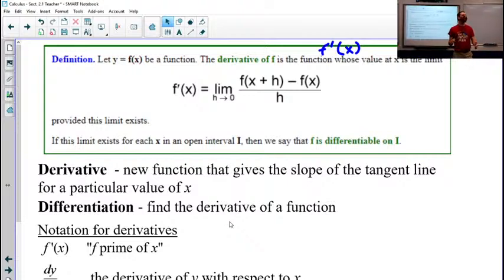But we can zoom out and get a general rule. Instead of plugging in a specific point, just talking about at x, what is the more general rule that we are talking about? So this is right at the bottom of the front page where it says definition. So you're going to write down this limit.